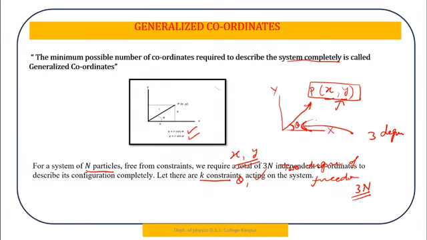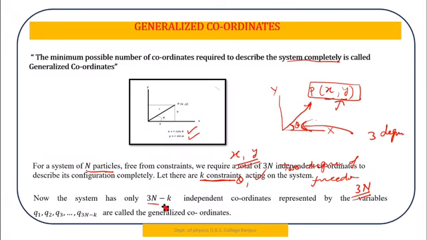For example, a particle can freely move in 3 directions, but if a restriction is imposed that the particle should move in the xy plane, then 3 degrees of freedom reduce to 2. If a restriction is imposed on the motion of the particle, then the degree of freedom reduces. So k are the constraints acting on the system, and the degree of freedom becomes 3n minus k.